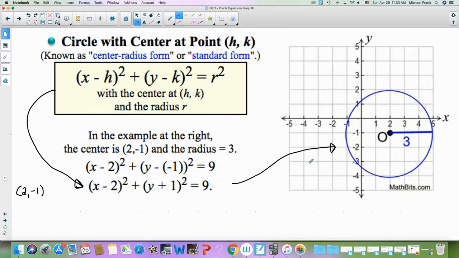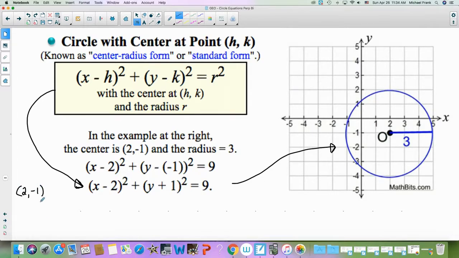That's the center of this circle. But look at the equation, and you're going to notice inside the parentheses that has the x, you see a negative 2. The center x will be the opposite of what you see in the equation. So if you see a negative 2 here, well, a negative 2 is a positive 2. And if you look inside the parentheses of your y, you see a positive 1. The opposite of positive 1 is negative 1.